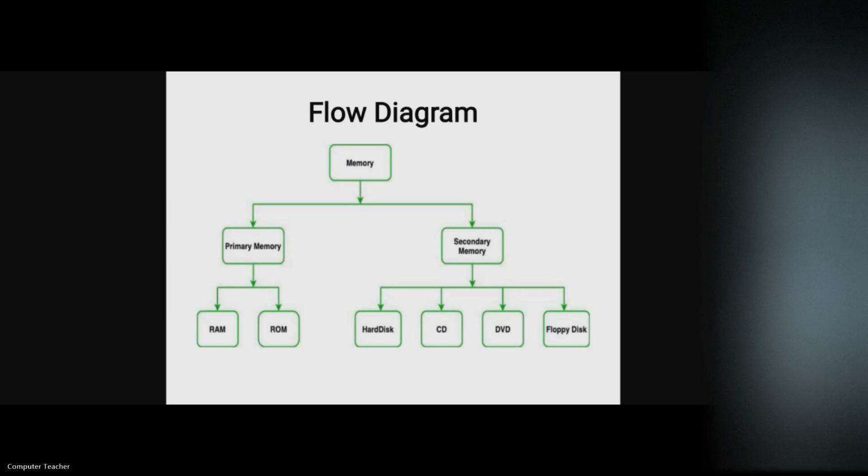It stores the instructions that are needed to operate the computer. These instructions are written only once at the time of manufacturing. Okay. In ROM or RAM, it will be stored?